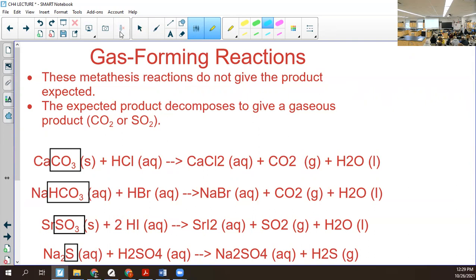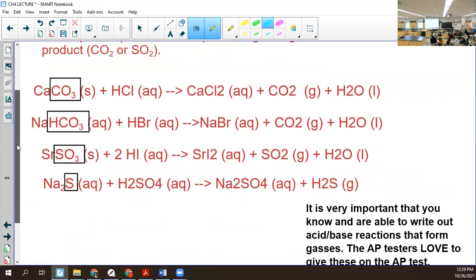These metathesis or double replacement reactions do not give the products expected. There's only a few of them.